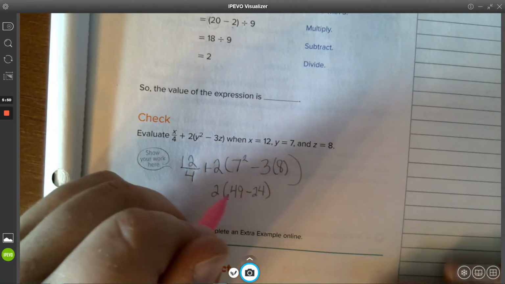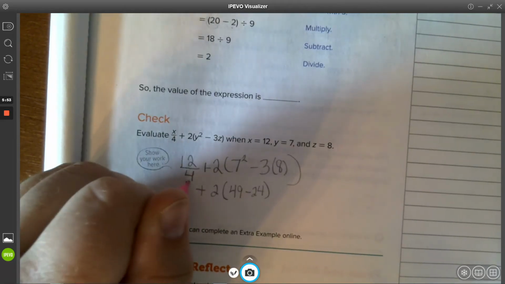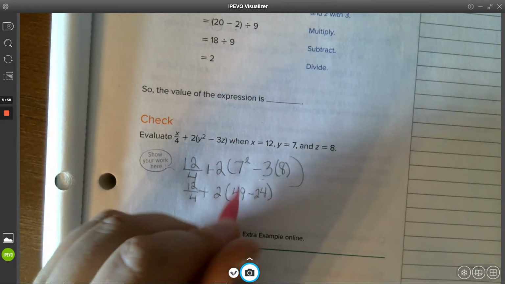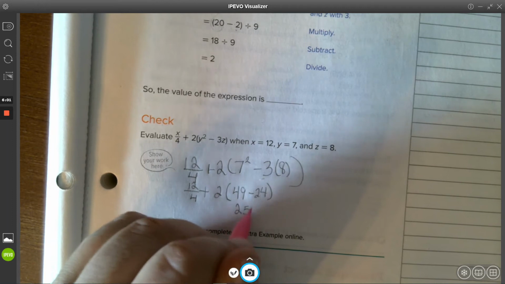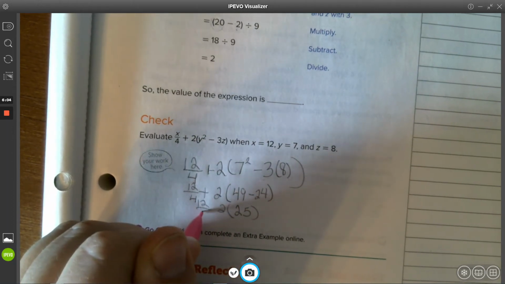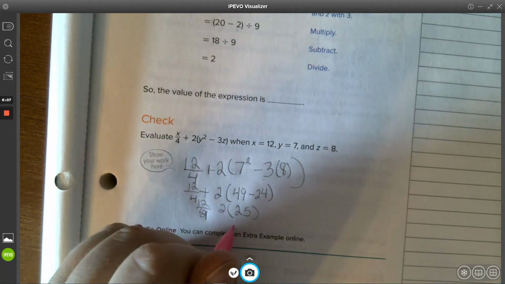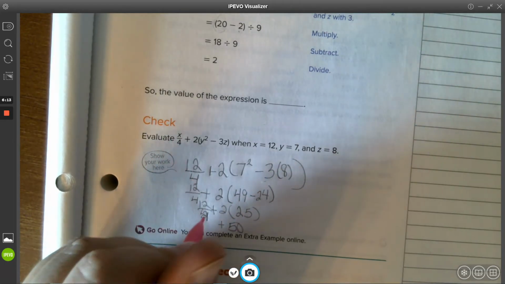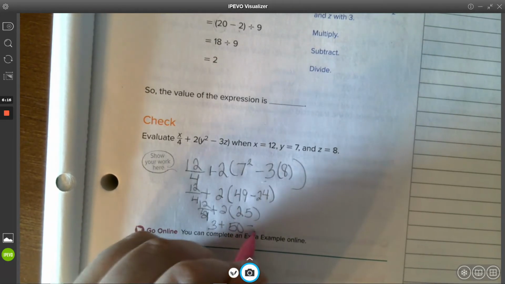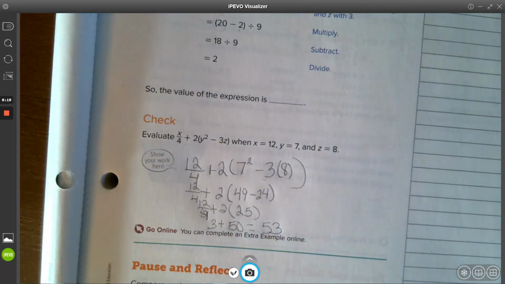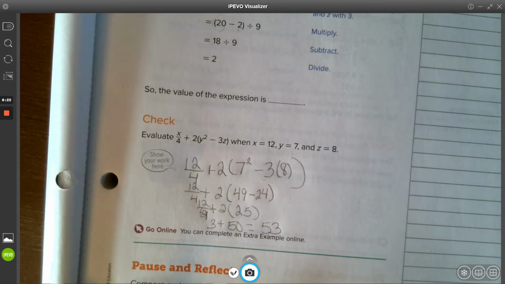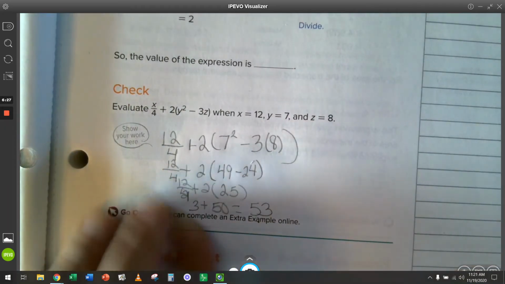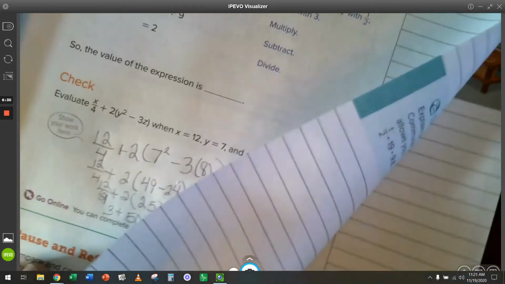Then we can do 49 minus 24. 49 minus 24 would leave us with 25. We do 2 times 25, which is 50. 12 divided by 4 is 3. 3 plus 50 is 53. So you should have gotten 53 for this answer here.